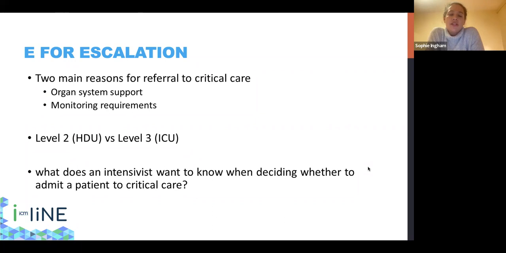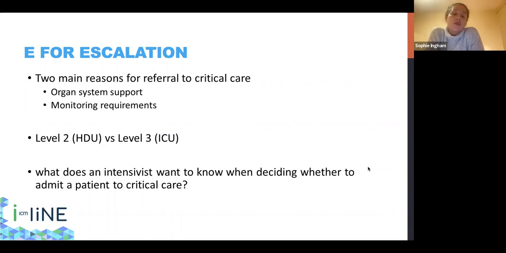And then just to mention the different levels of care. So level 1 is ward-based care, level 2 is HDU, and level 3 is ITU. So level 2 HDU means that the patient just needs one level of organ support, which does not include invasive ventilation. And level 3 is that the patient needs one or more systems supported, or invasive ventilation.